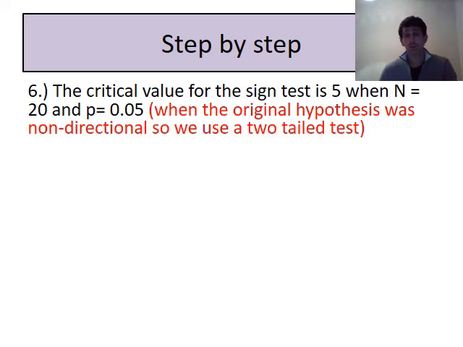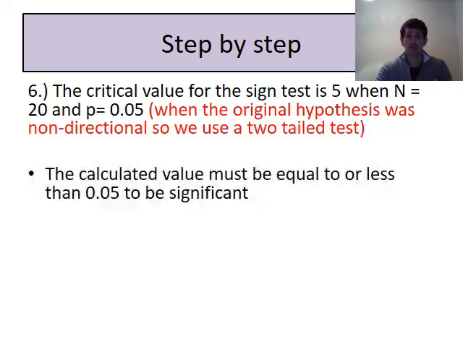So we've looked at both of our tables now. We've got our calculated value, which is 7, and our critical value, which is 5. The next step is to look at how we put this into an answer. The critical value we know for the sign test is 5 when N equals 20, so 20 participants, and P equals 0.05. And remember, this is when the original hypothesis was non-directional, so we use that two-tailed test.